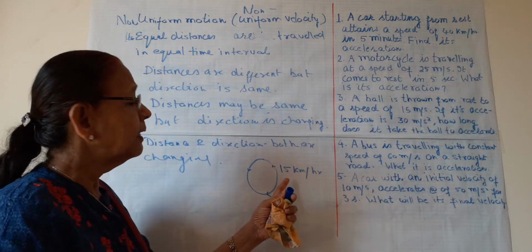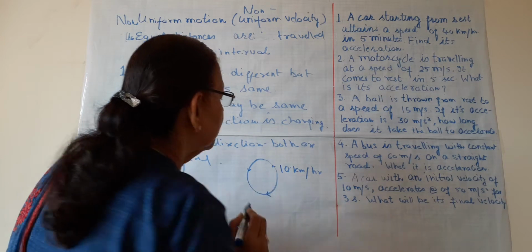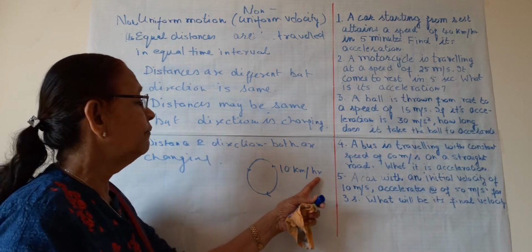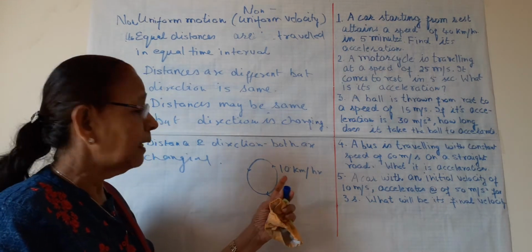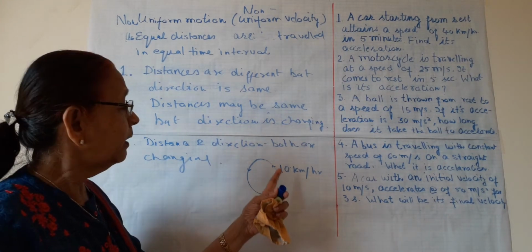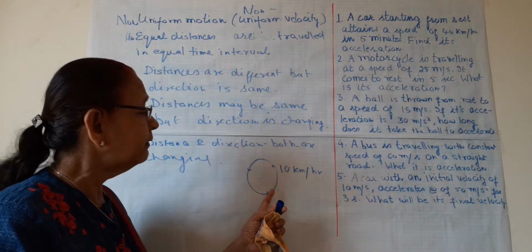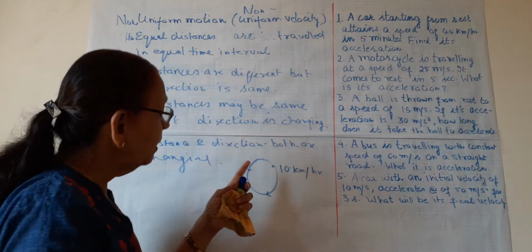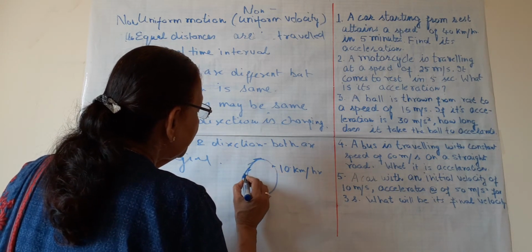In 1 hour he is running 15 kilometers, or you can take 10 kilometers. So he is running 10 kilometers in 1 hour in a circular path. The speed is constant. Here the distance covered in 1 hour is 10 kilometers every hour, and the speed is constant, but the direction is changing every moment.